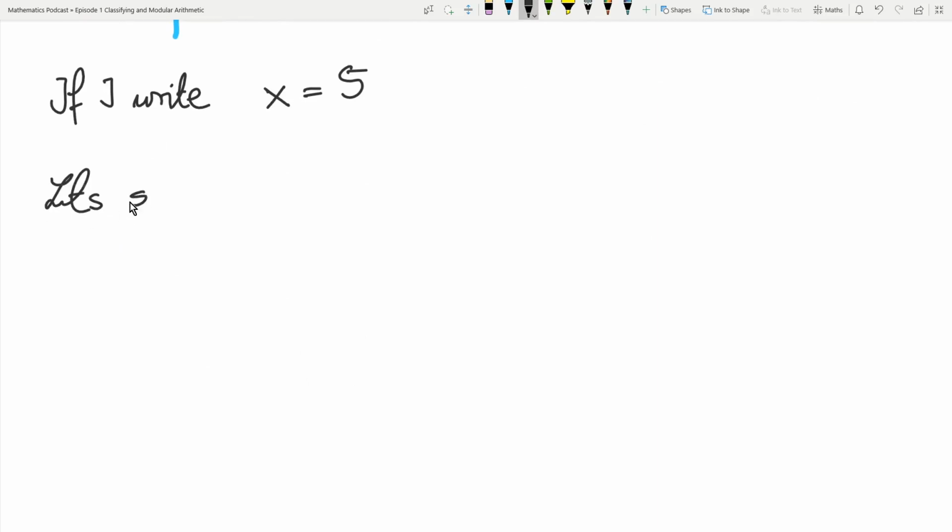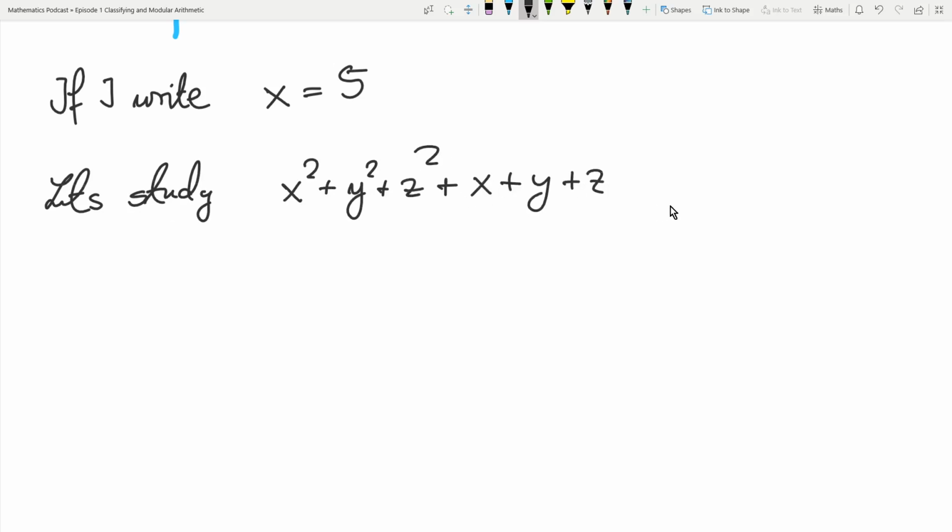Let's study x squared plus y squared plus z squared plus x plus y plus z equal to 1, where x, y, and z are whole numbers.